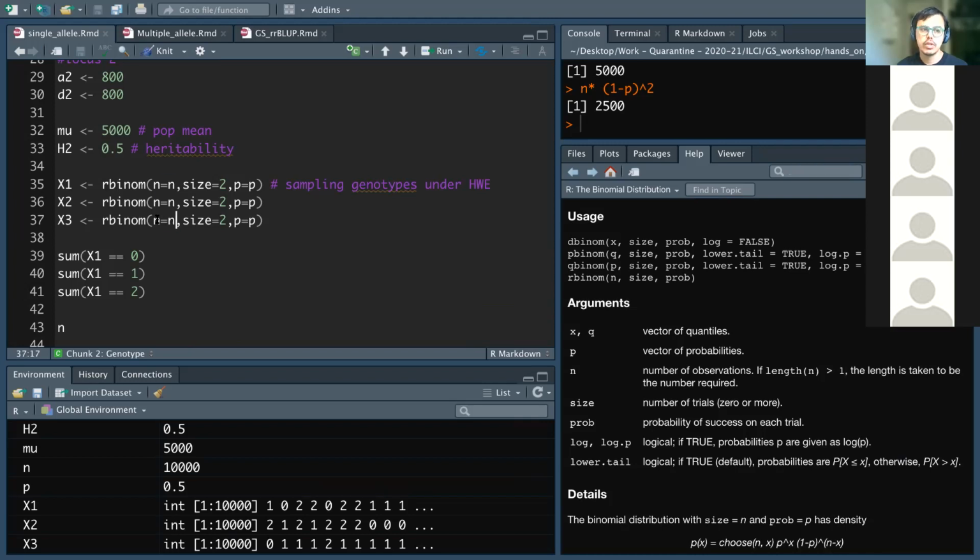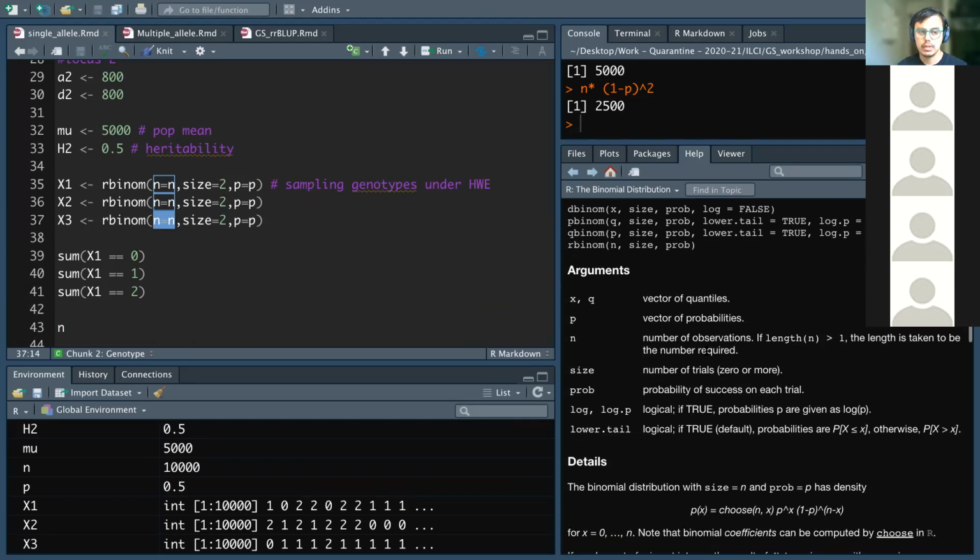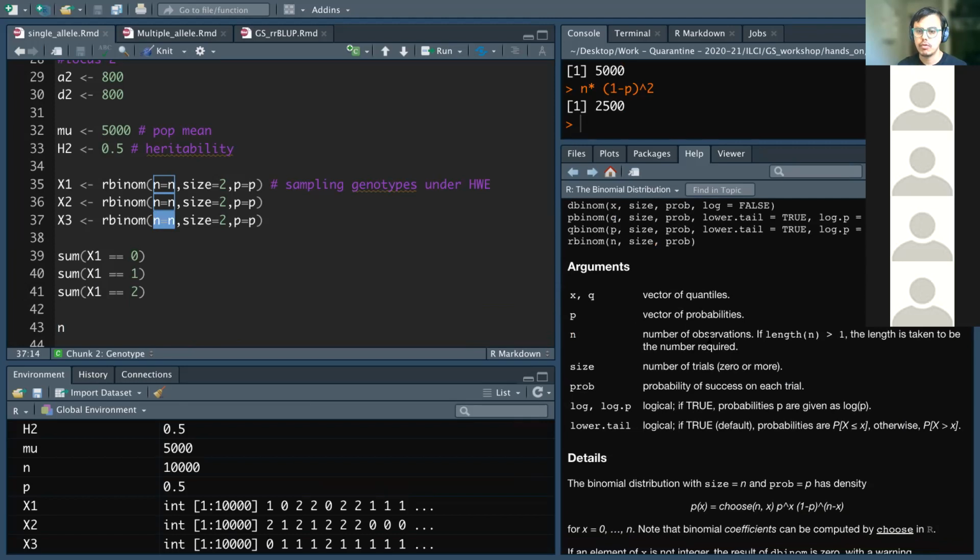The first number represents the size of the population that we're going to use, so basically the number of observations. And here we have the number of trials. What we want to produce is a number between 0, 1, and 2.